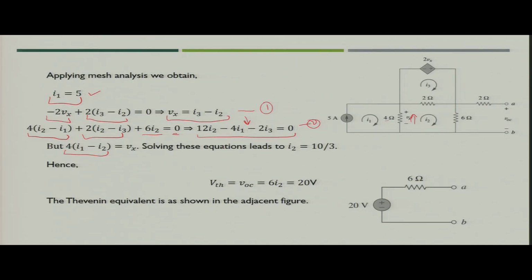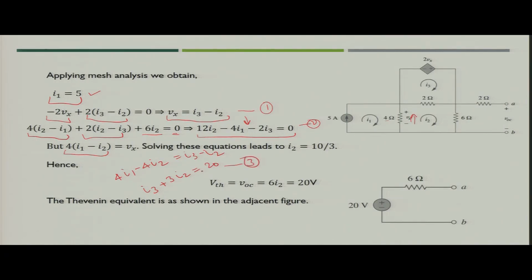So when we solve these equations by putting the value of 4 of I1 minus I2 in this, you will simply get, so that is 4 times I1 minus 4 I2 is equal to I3 minus I2. I1 you know that is 5. So this will simply become I3 plus 3 I2 is equal to 20.